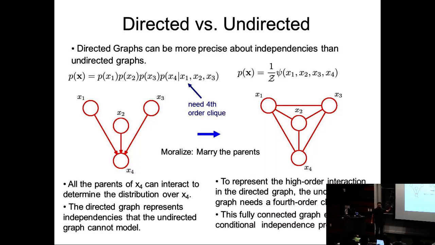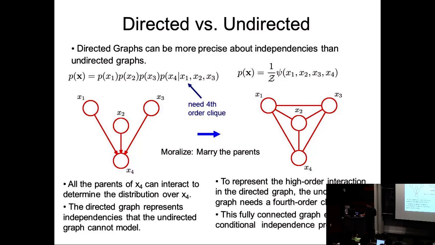But this particular graph can't really model these conditional independence properties, because you have this 4th order clique, and what is the 4th order clique? It's just anything. You have 4 variables, you have a 4th order clique, you can model anything. There are no conditional independence properties. So you cannot really model the conditional independence properties defined by this graph by just doing that.